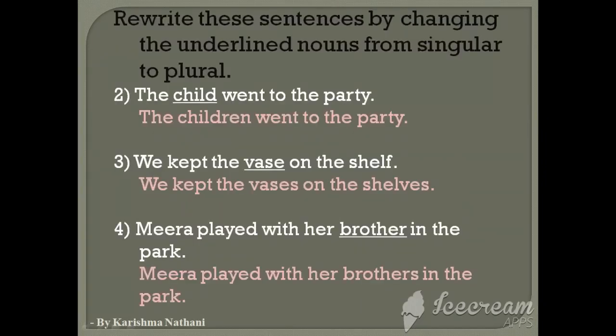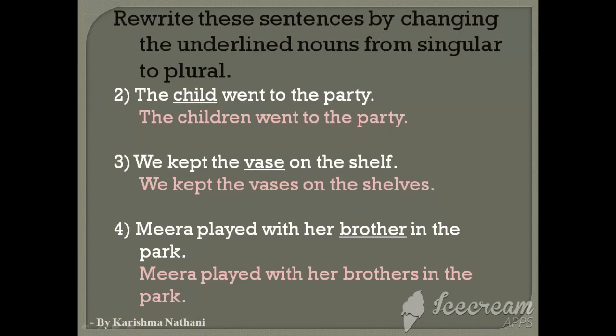Now we will understand the concept of singular and plural with your text exercise. We have taken a few examples here. The first question is, rewrite the sentences by changing the underlined nouns from singular to plural. Here underlined nouns are singular, we have to convert them into plural.